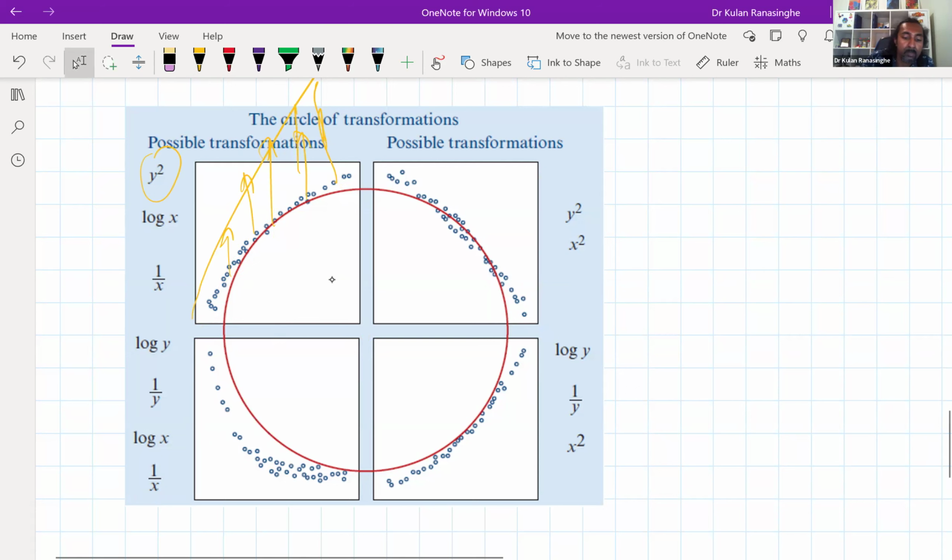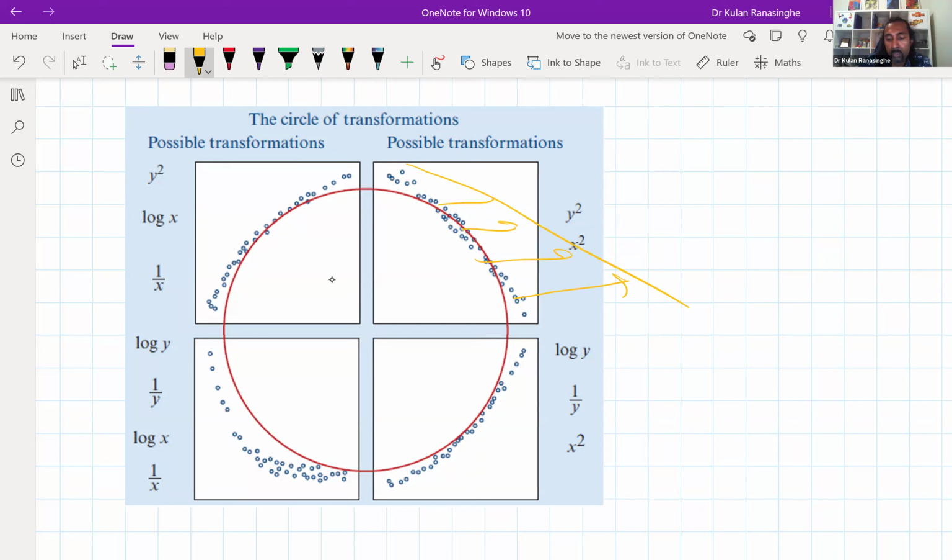Are you with me? So we're going to put all of what we learned now into a circle. The possible transformations for that type of shape of scatter plot would be x square and y square. You keep pushing either y heights, or you can get all these x values, so that they align nicely on a straight line.